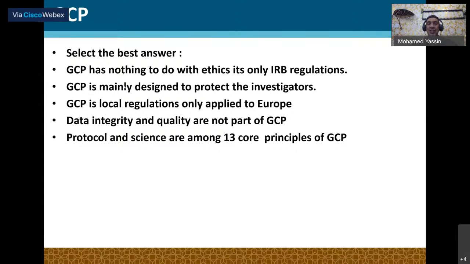Number two, GCP is mainly designed to protect the investigators. Number three, GCP is a local regulation only applied to Europe. Number four, data integrity and quality are not part of GCP. Number five, protocol and science are among the 13 core principles of GCP. Can you vote, please?